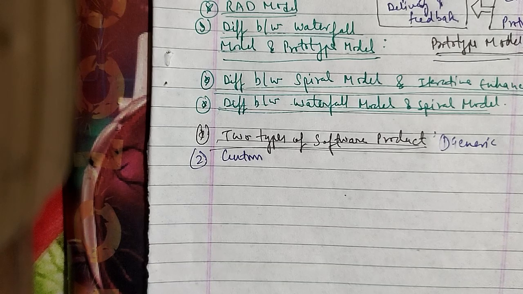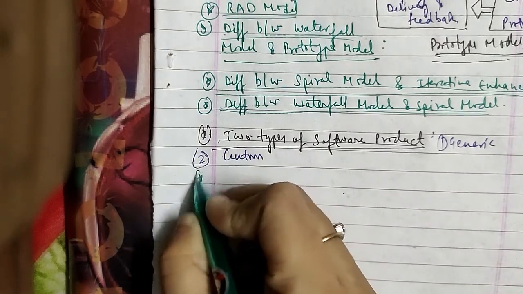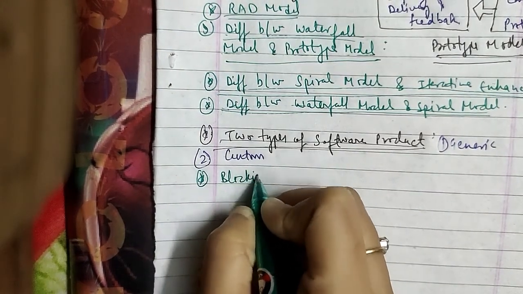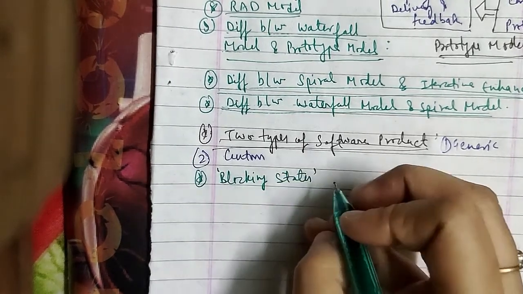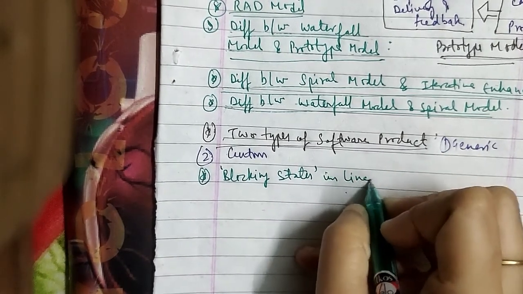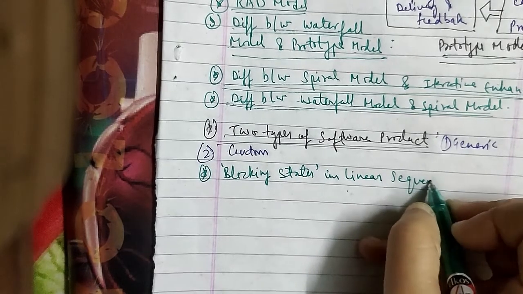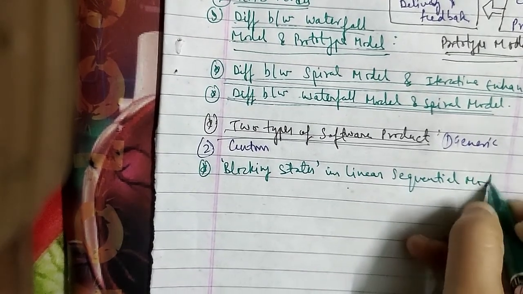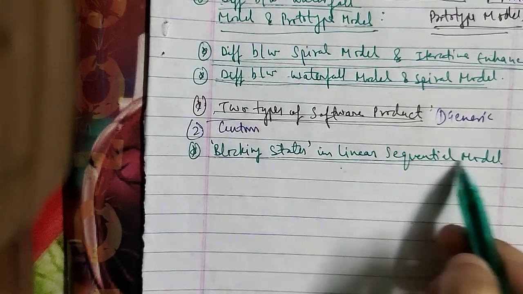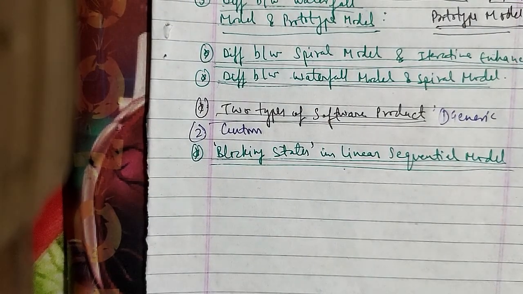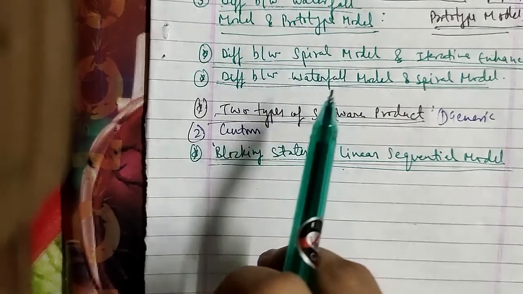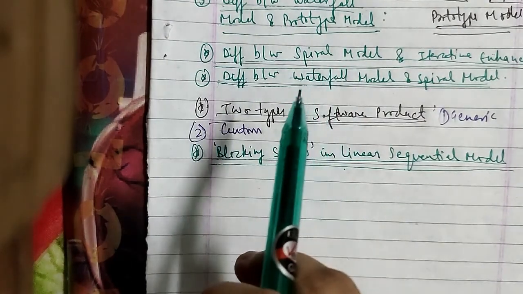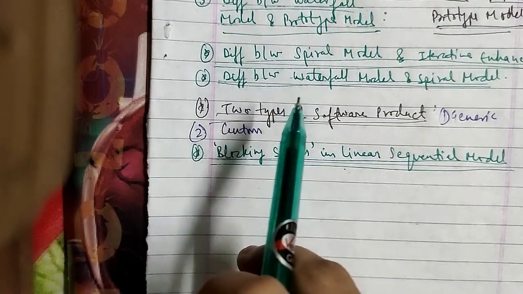Now we'll go ahead with another question: what is meant by blocking states in the linear sequential model? The linear nature of the linear sequential model brings about a situation in which some project team members have to wait for other members of the team to complete a dependent task.